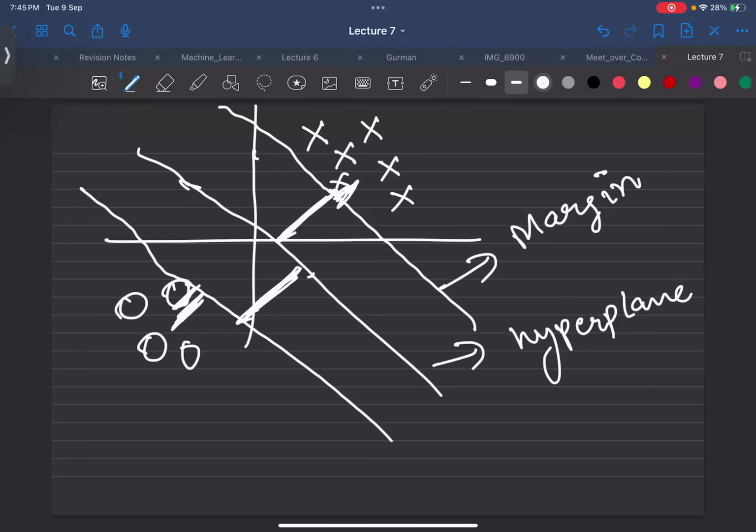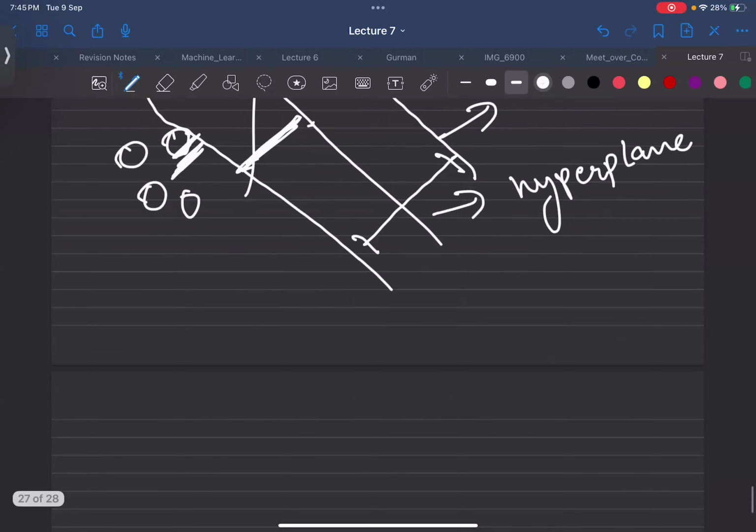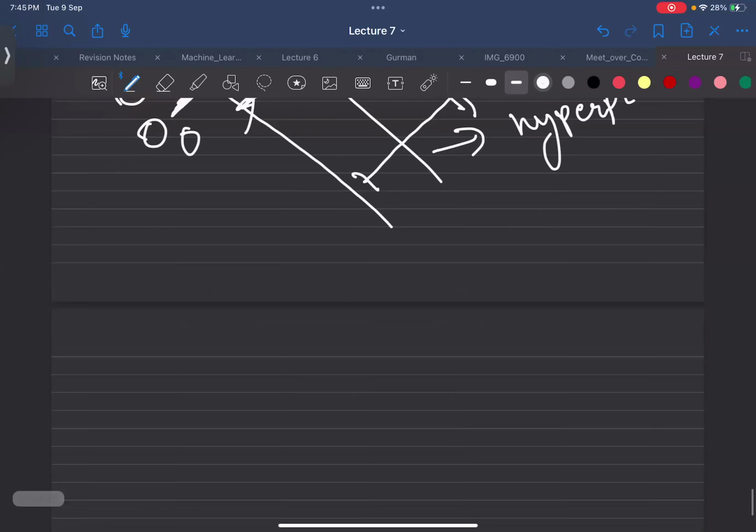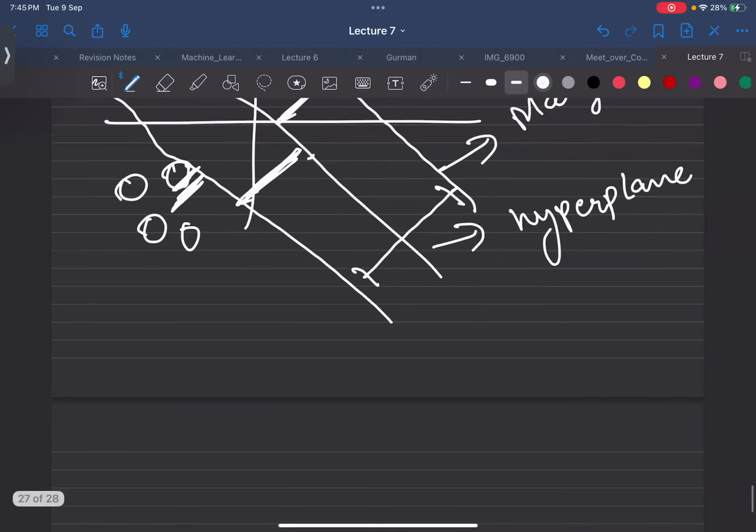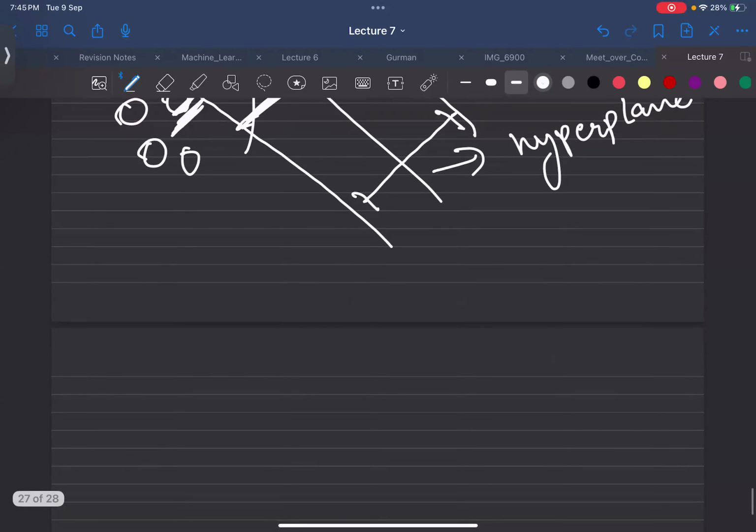If I want the closest point to be as far as possible, then this thickness should be as large as possible. Do I make sense, Yashwant and Bhavna? Yes, ma'am. So that's our main objective in SVM. Because I want the optimal hyperplane, I want them to be as far as possible.